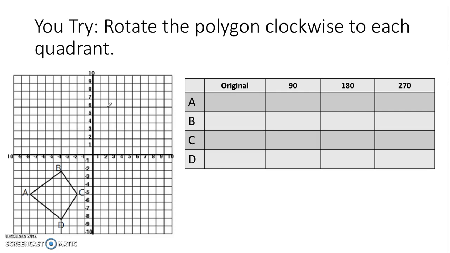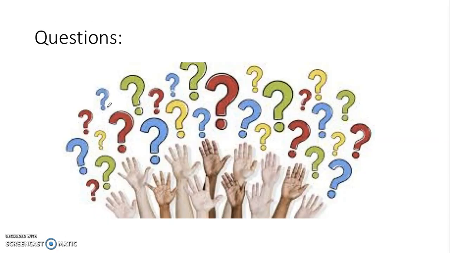I want you to write down the original ordered pairs, then rotate it 90 degrees, write down the pairs and draw it, then 180 and 270. Please be really diligent about this. Any questions that you have, please ask, and I'll be happy to answer them as we get started. We'll continue with this as we continue in class as well.